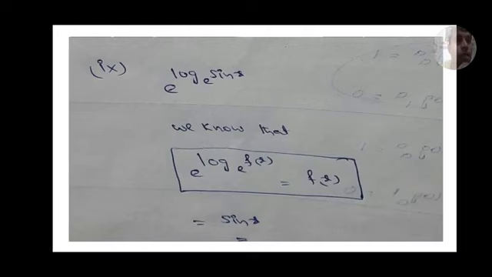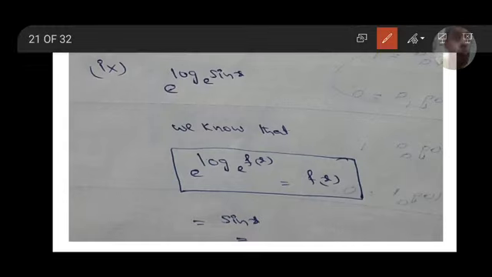e to the power of log of sin x to the base e. So we know the property a to the power of log f of x to the base a equal to f of x.